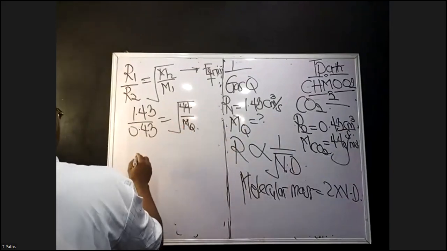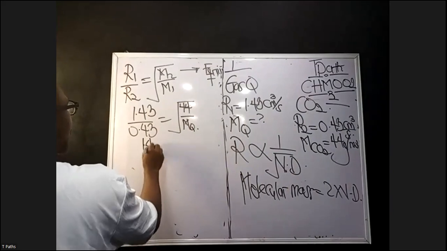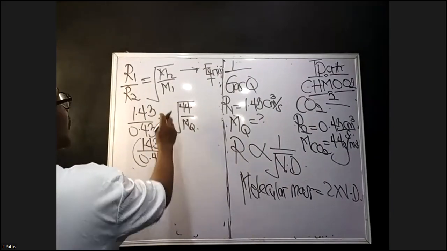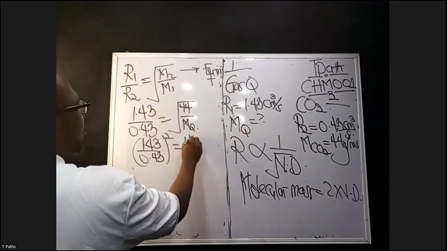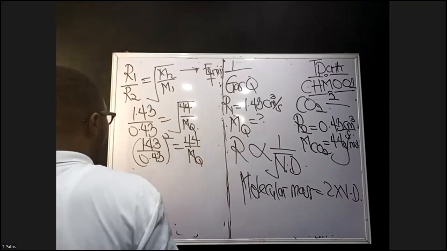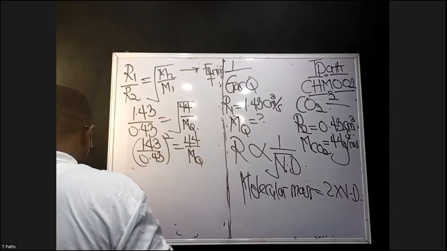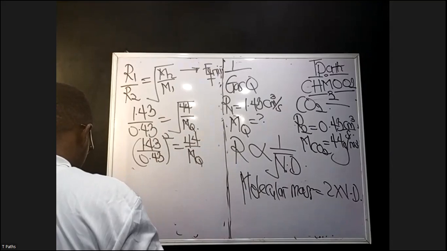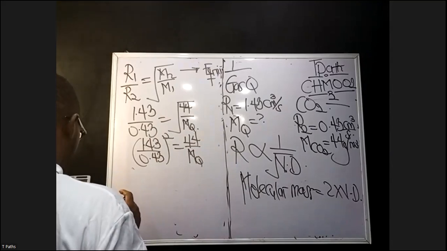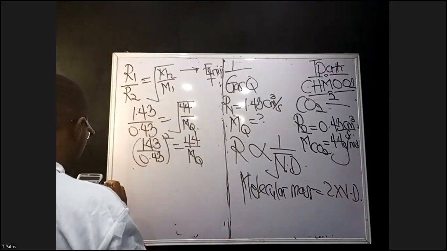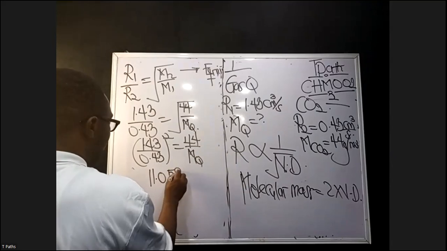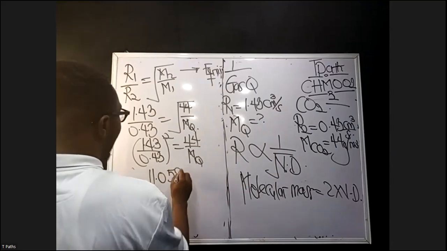Removing the square root, 1.43 over 0.43 all squared is equal to 44 over Mq. 1.43 divided by 0.43 is 3.3255, and squared that is 11.05995.